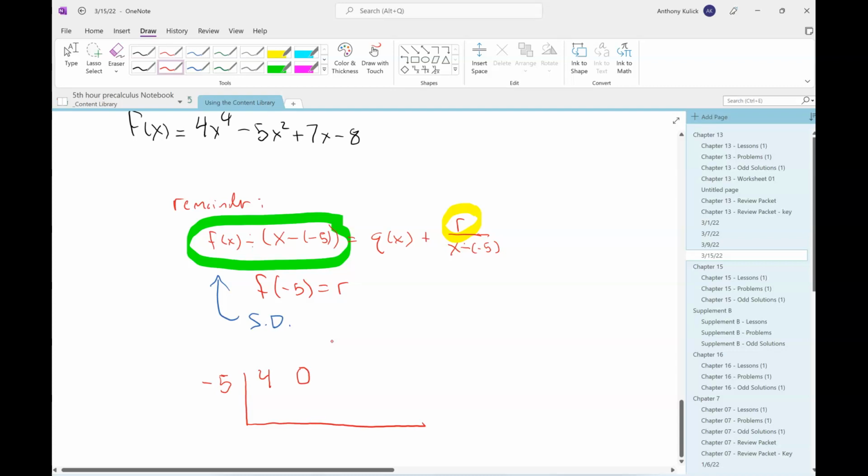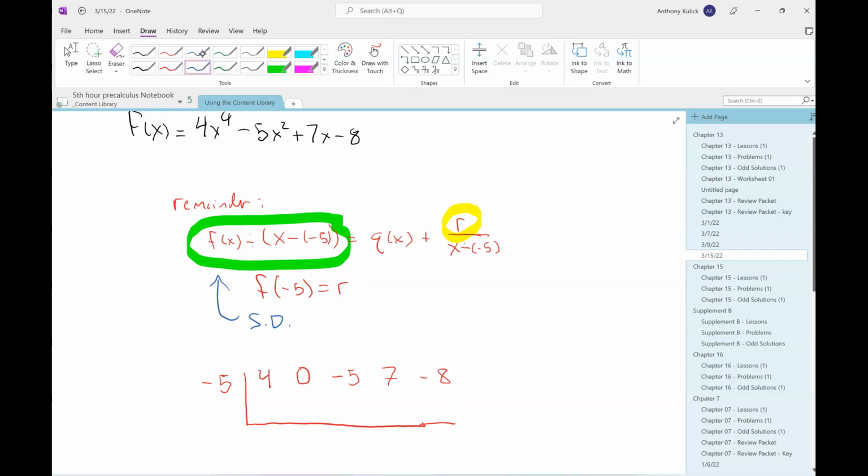We must include the 0 here when doing the synthetic division. You will not get the right answer if you do not do that. It's unrecoverable if you do not do that. You have to include the 0. Okay, continue, Landon. You mean -5? Excellent. Yes, of course.